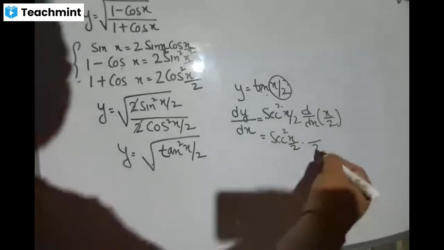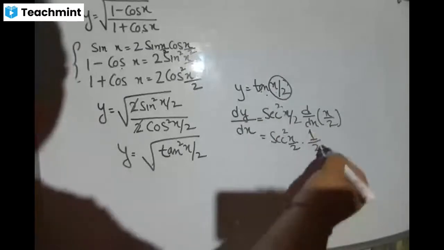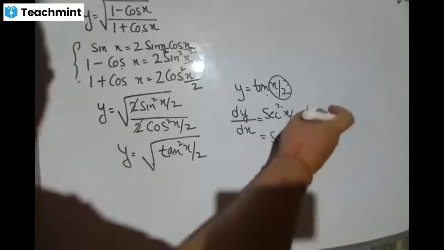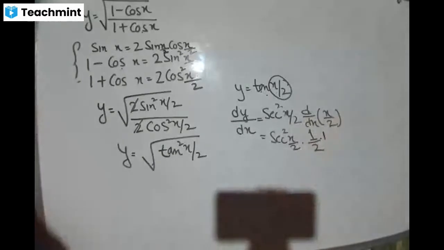If 2 comes out, only x is left, and the derivative of x is 1. So the answer to this is 1 by 2 sec square x by 2. So this is question number 11, subdivision 3, from page number 203.